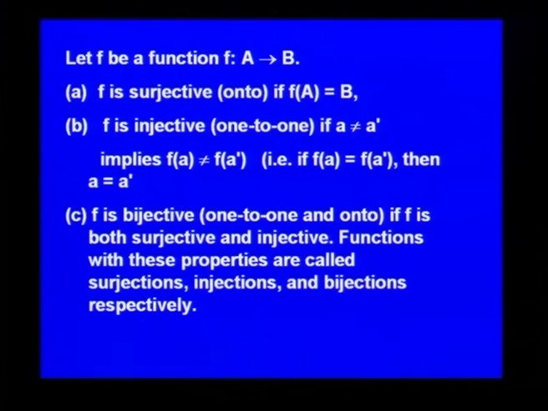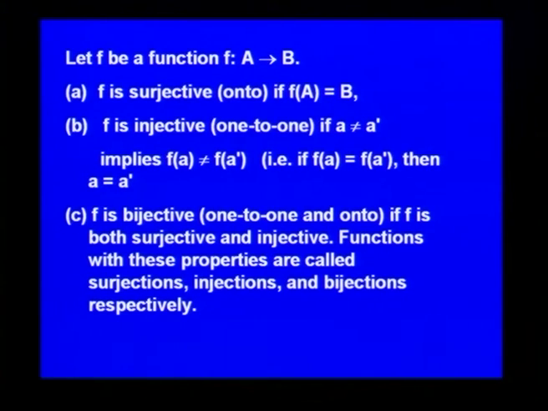F is bijective, 1 to 1 and onto, if f is both surjective and injective. Functions with these properties are called surjections, injections and bijections respectively.